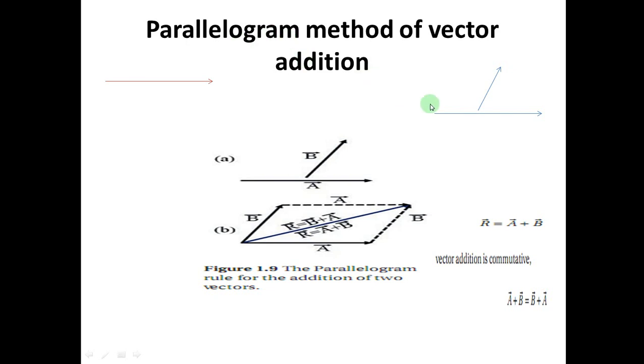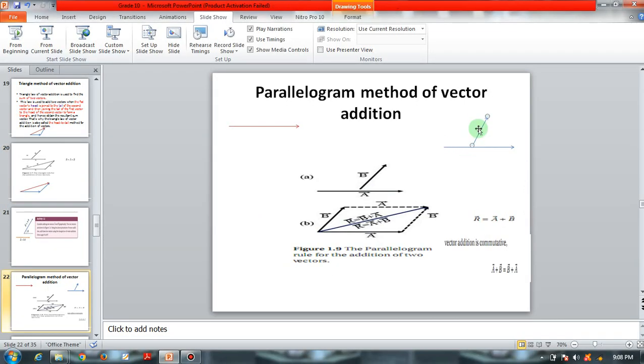So let's consider these two vectors, vector A and B. The horizontal one is vector A, and the other one is vector B. Let us make a parallelogram. How can we make a parallelogram? By moving vector B to the tail of vector A, we make it like this.